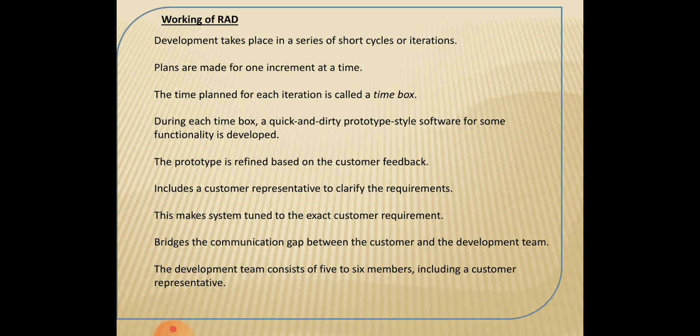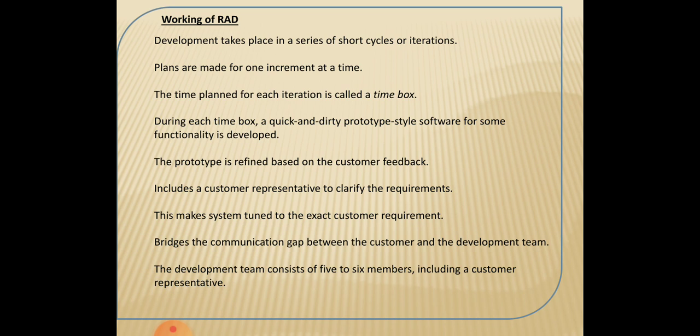They work on the present phase, and that phase itself is done repeatedly based on the customer feedback, and therefore plans are made for one increment at a time. So there is no heavy planning for such a development model, because they plan for a single phase, and that present iteration will be worked at a time.